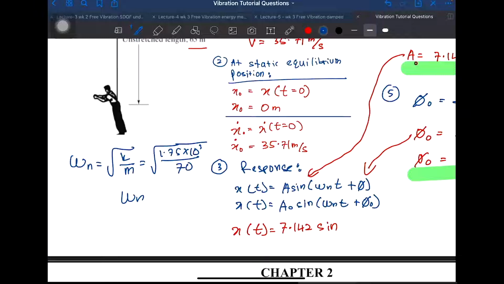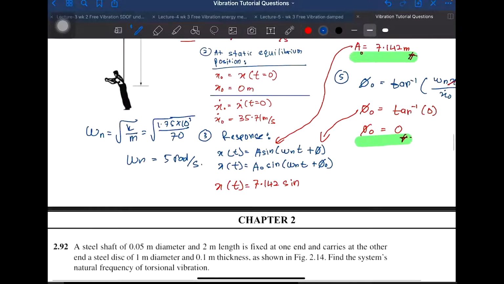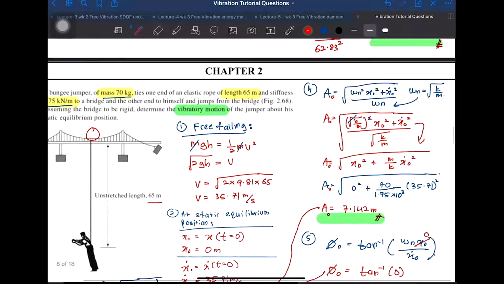So your omega n is, wait, okay, 5. Omega n equals 5 radian per second. Okay, for step number 4, yes.